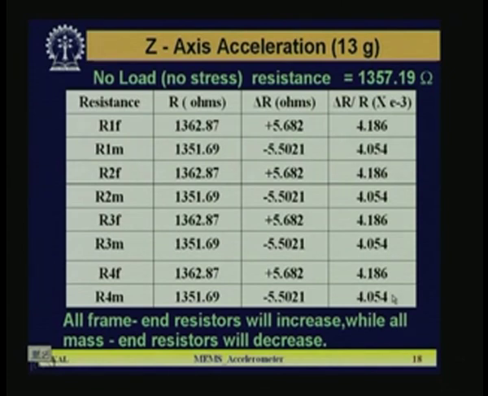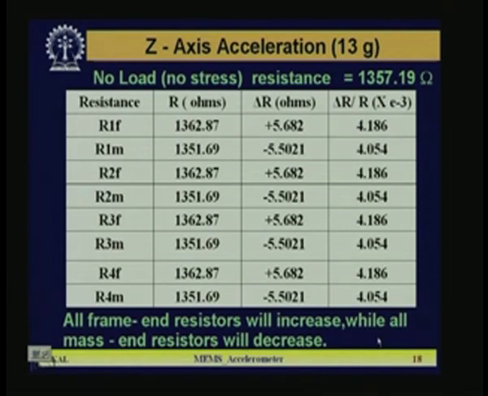So, that means all the resistance changes, in the compressive and the tensile, one increases and one decreases, are in the same magnitude. That means this total structure shows a uniform variation. We found here all the frame end resistances will increase, while all mass end resistances will decrease.